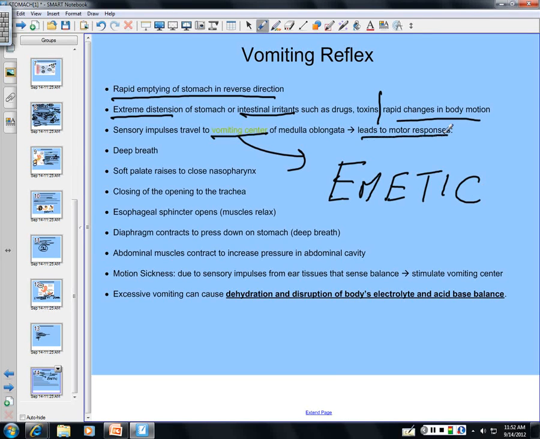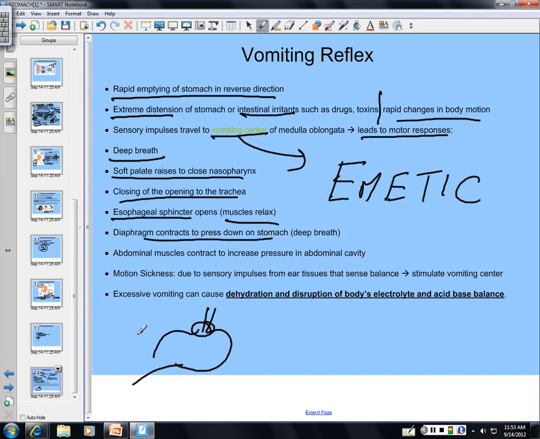And it leads to certain motor responses, like what? You start breathing deeply. The soft palate raises to close the nasopharynx. Very important, you have the closing of the opening of the trachea. The trachea has to be closed. You don't want food going in there. The esophageal sphincter of the stomach, this sphincter, will open, right?